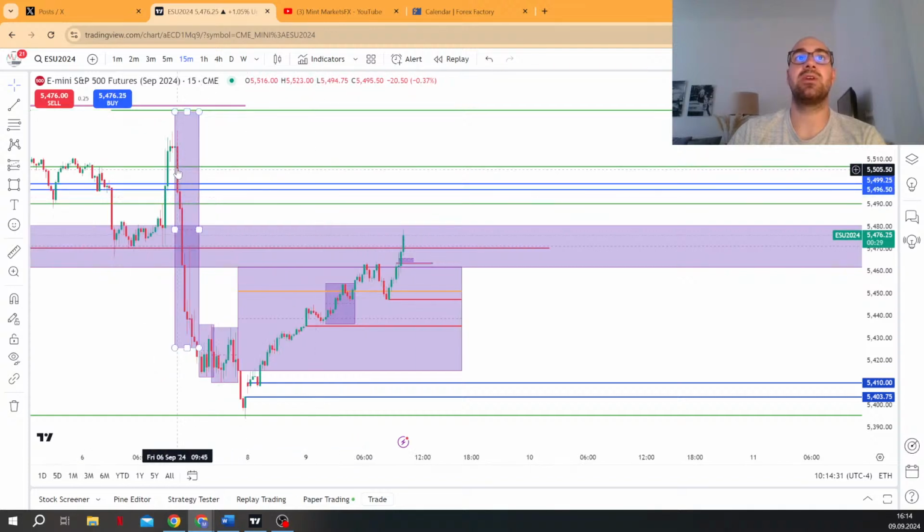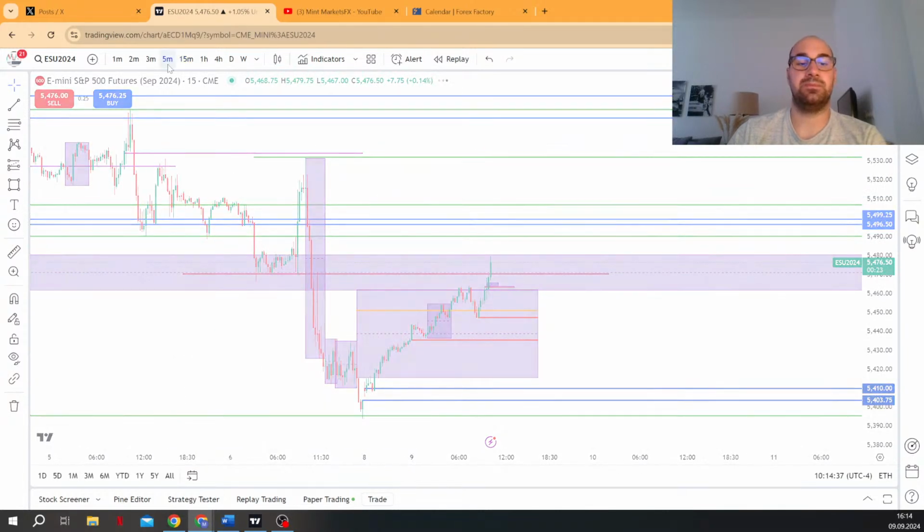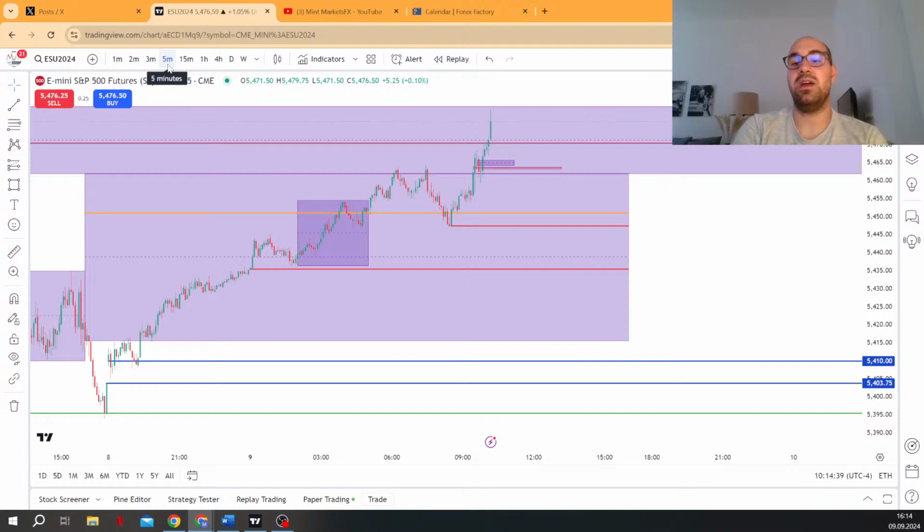We have a fair value gap here inside Friday's trading. So yeah, it could go higher and higher. It will take out the buy side of the Friday daily high.